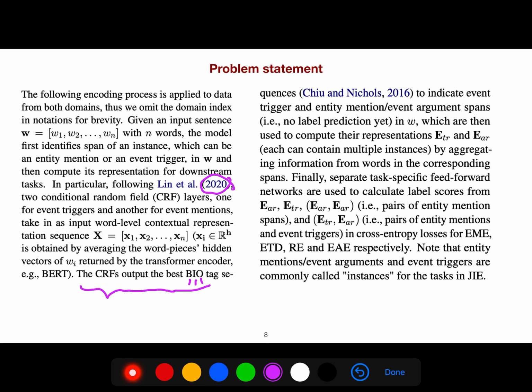Finally, separate task-specific feed-forward networks are used to calculate label scores from these for EAR, ETR, because they are pairs of entity mention spans, or, for example, pairs of entity mentions and event triggers, with cross-entropy loss.